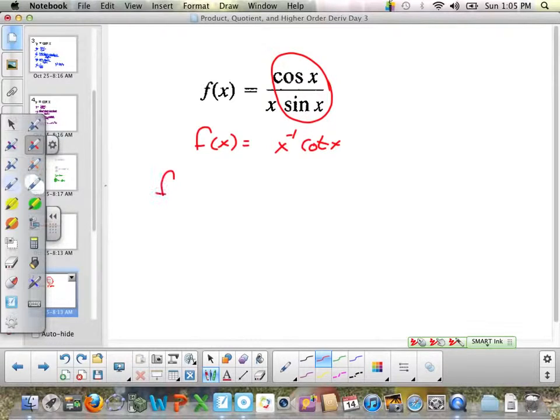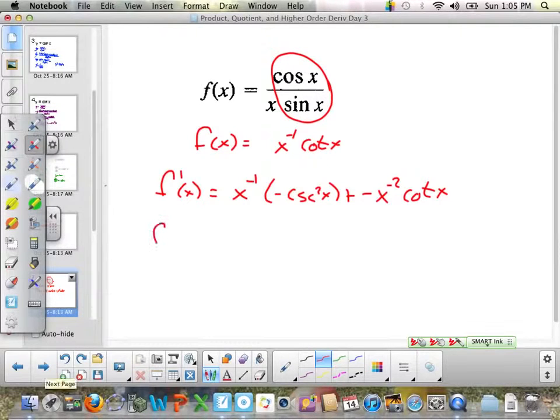So we will go the first function times the derivative of the second, and we just discovered that the derivative of cotangent is negative cosecant squared, plus the second function times the derivative of the first, and the derivative of x to the negative 1 is negative x to the negative 2.